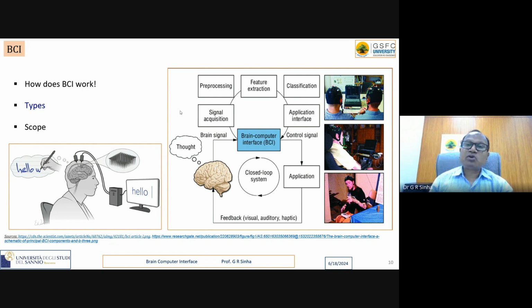I have to develop some protocol: how you are required to see it, how much time EEG is to be recorded, how many samples, how many iterations, and that is called a protocol.